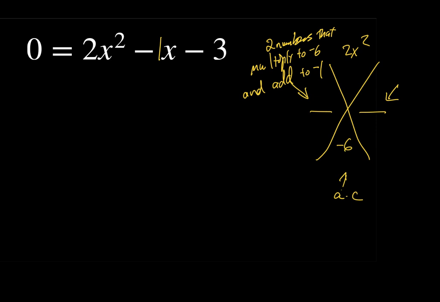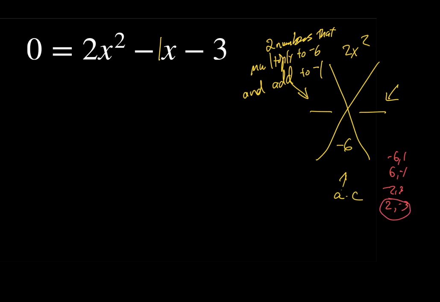So this is where you list all the numbers that multiply to negative 6. Negative 6, positive 1, 6, negative 1, negative 2, positive 3, 2, negative 3. Which pair multiplies to negative 6 and adds to negative 1?